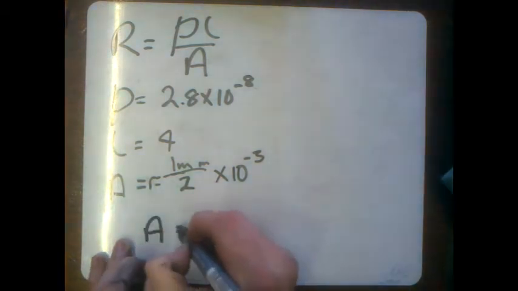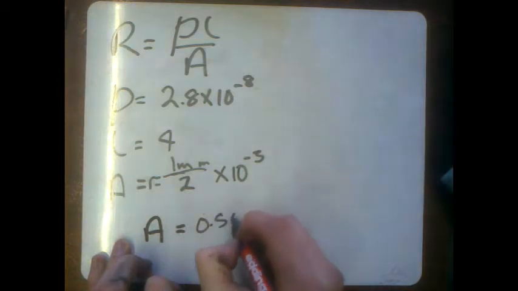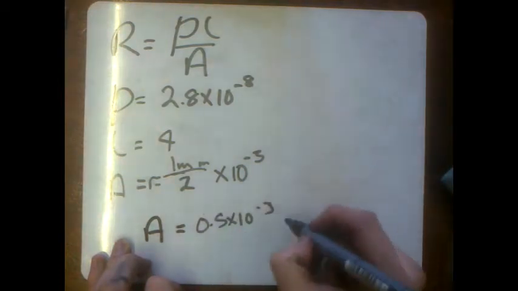Then to work out the cross-sectional area, you do 0.5 times 10 to the minus 3 all squared times by pi.